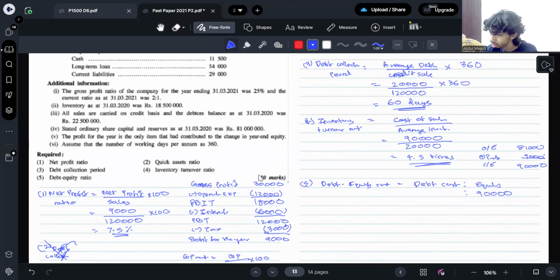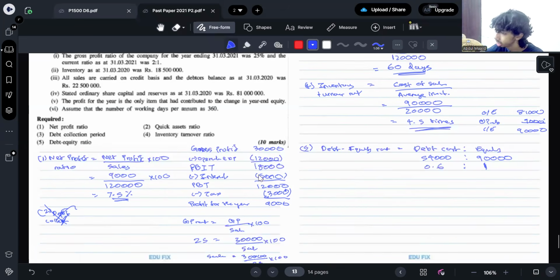Your debt capital is the long-term loan, 54,000. Then if your equity is 1 rupee, how much debt capital do you have? 54,000 divided by 90,000. It is 0.6 times. Your debt capital is 0.6 times of your equity capital.